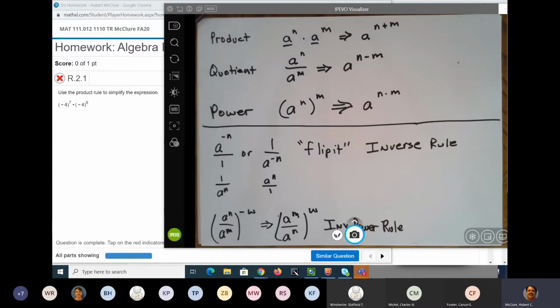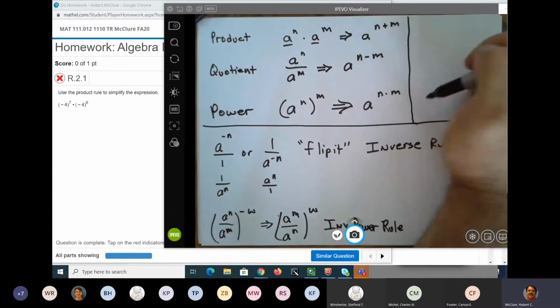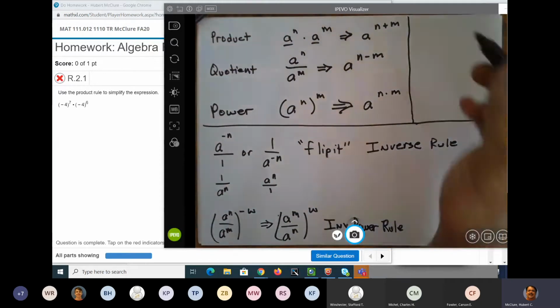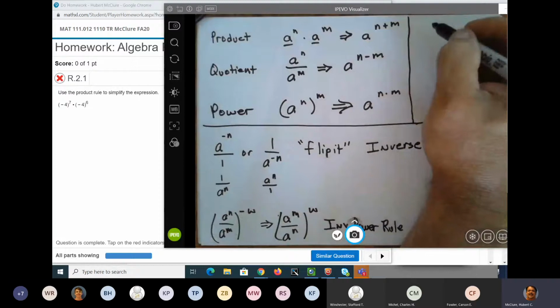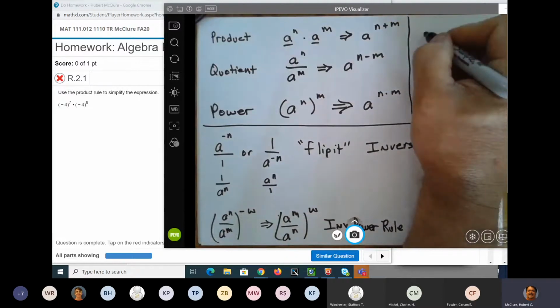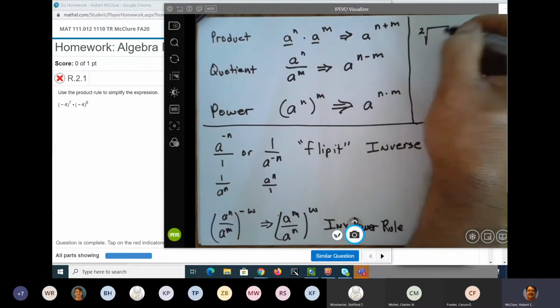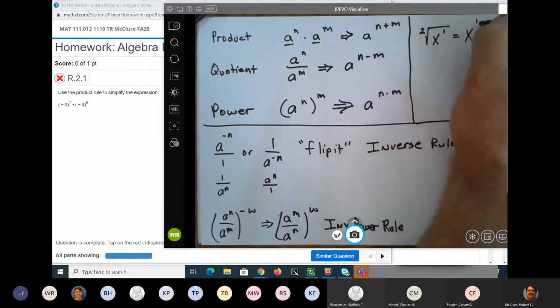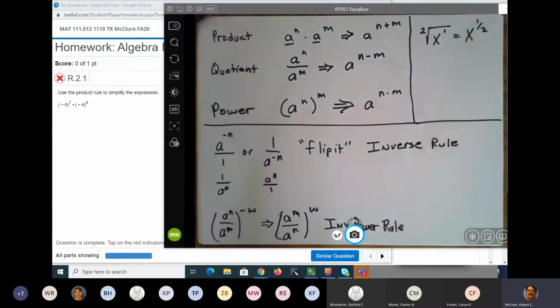And then the only other rule I'll put up here in the corner, but you won't need it in trig that much, is called the radical rule, or the rational exponent. The square root of x to the first power is equal to x to the 1/2, meaning that you put the exponent over the index.